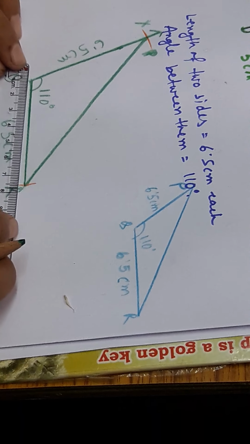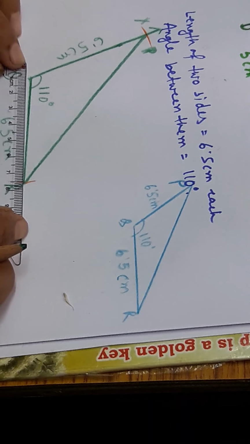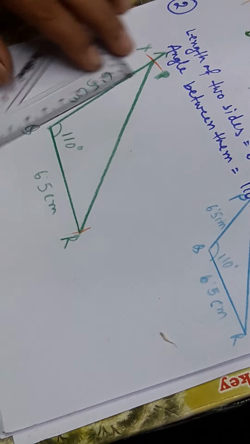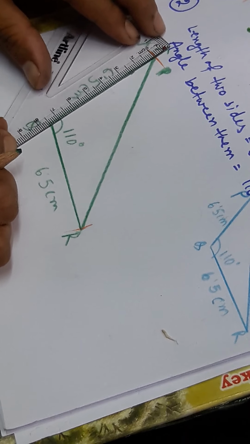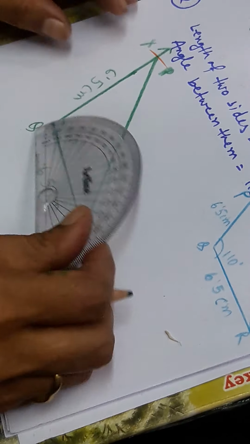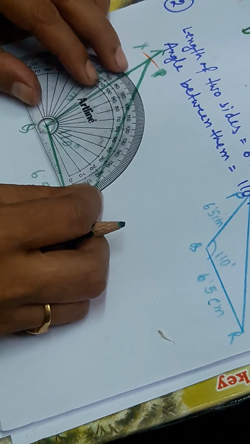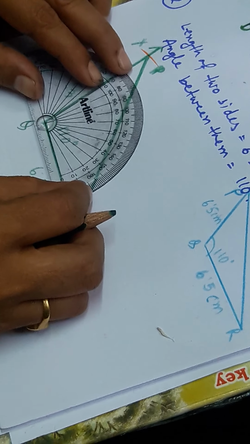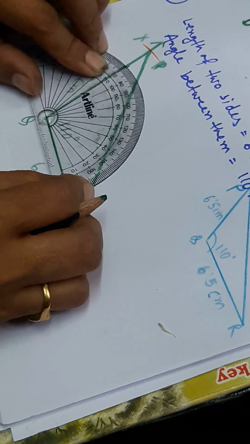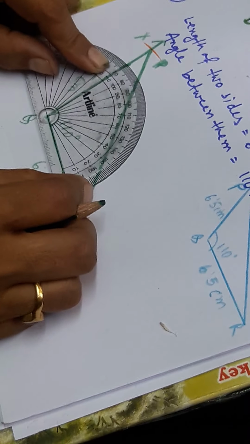The length of QR, you can see it is 6.5 centimeter, and PQ also you can see is exactly 6.5 centimeter, and that angle PQR, as in the rough sketch, is 110 degree. Yes, let's put the protractor properly and measure it. Yes, exactly it is 110 degree.